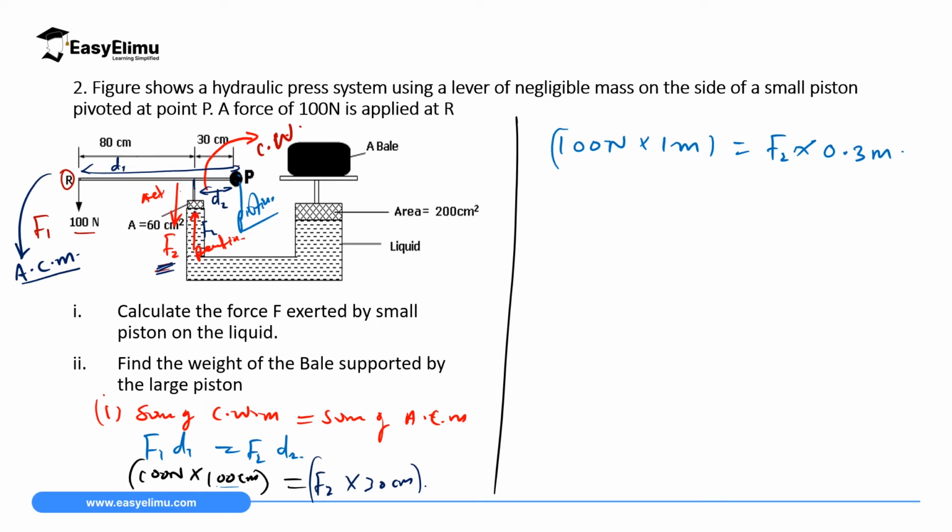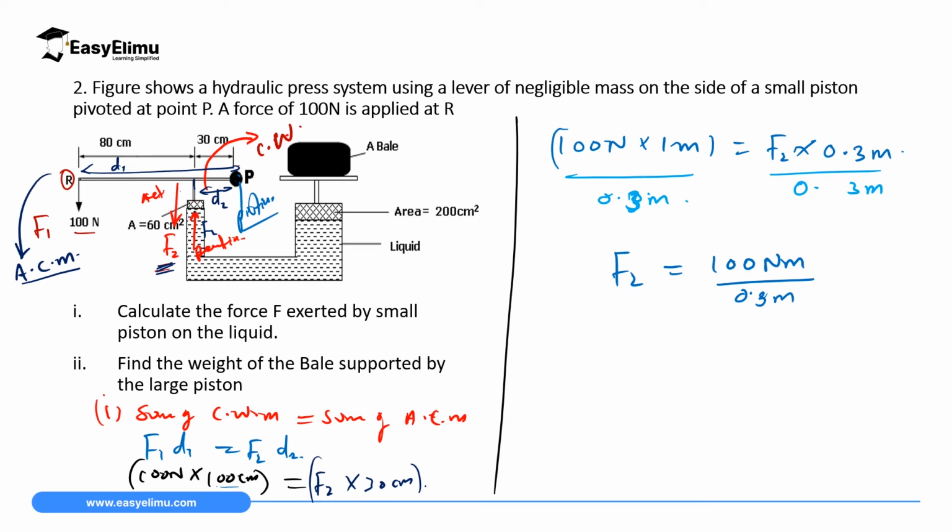Then here, if we want F2, we will divide by 0.3 meter on both sides. Then we will remain with F2 is equal to 100 Newton meter divided by 0.3 meter.